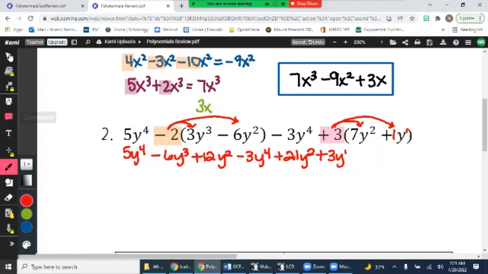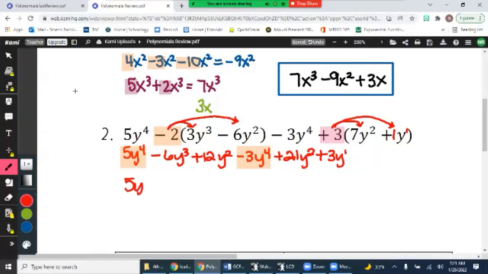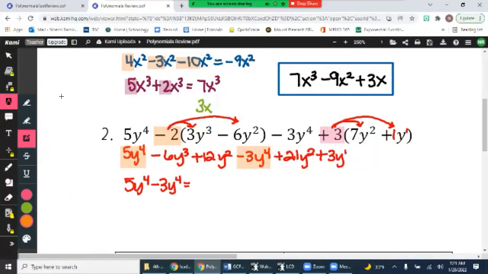Okay. And now let's combine. I'm going to start here with 5y to the fourth. I'm going to go through, find another exponent of 4 right here. So 5y to the fourth, negative 3y to the fourth, same as taking 5, subtracting 3.